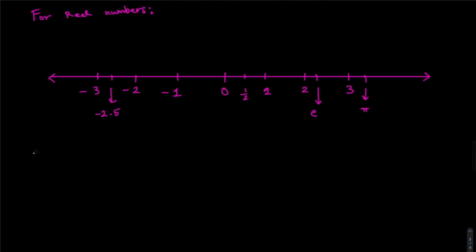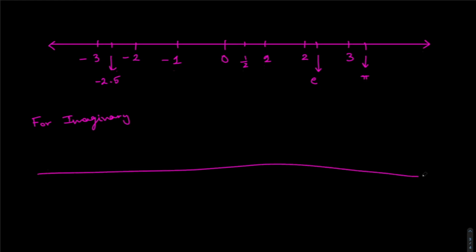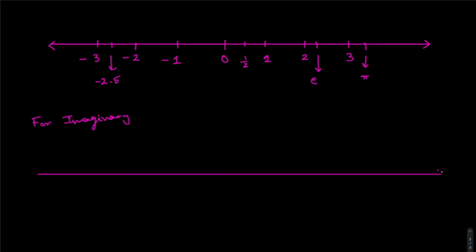Well, for imaginary numbers, nothing changes except the fact that we add an iota everywhere. Let me show it graphically. So again, I'm gonna make the same number line. Put a 0 here, but instead of writing 1, I'm gonna write 1i or just i, 2i, 3i, and then minus i, minus 2i, and minus 3i.